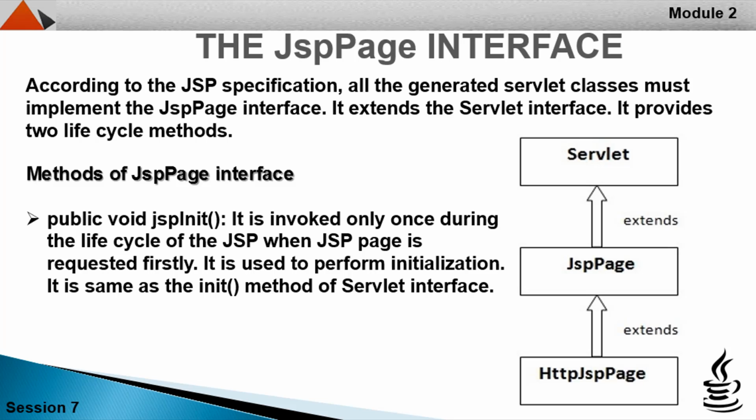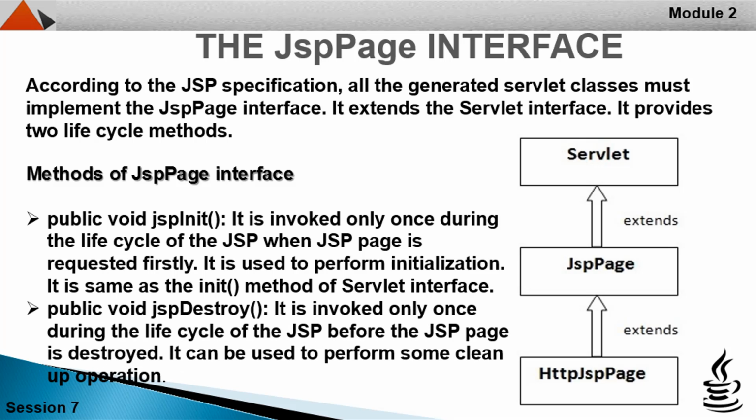It is used to perform initialization. It is the same as the init method of the SCRIPTLET interface. And public void jspDestroy method. It is invoked only once during the life cycle of the JSP before the JSP page is destroyed. It can be used to perform some cleanup operation.